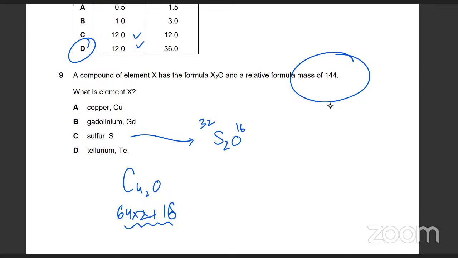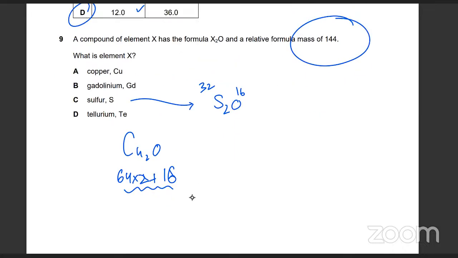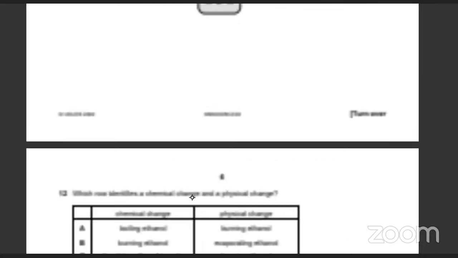Yes, but D, tellurium, would also be 128. I got it. They gave the confusion because they said the formula is this, so that will become 128 times 2. So that will be a lot greater than this.